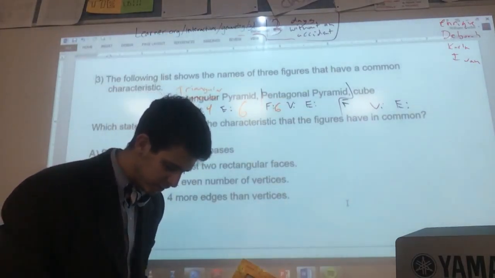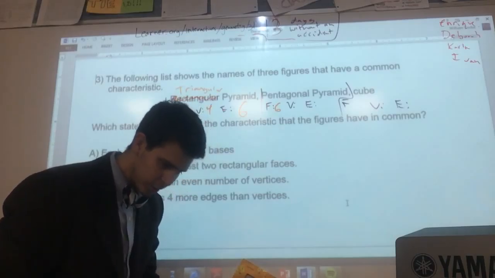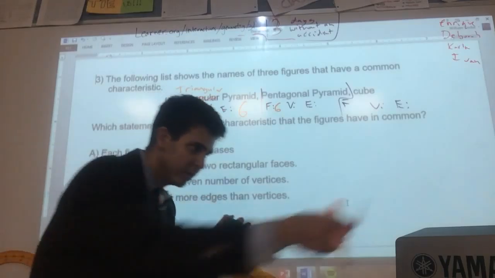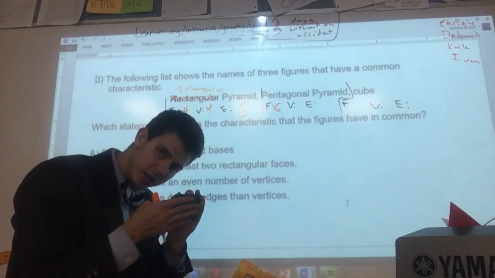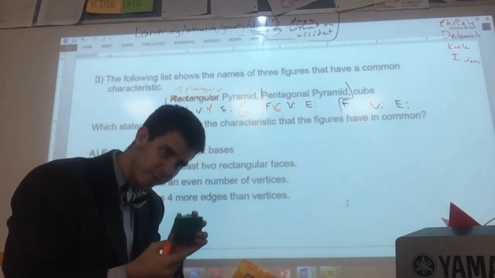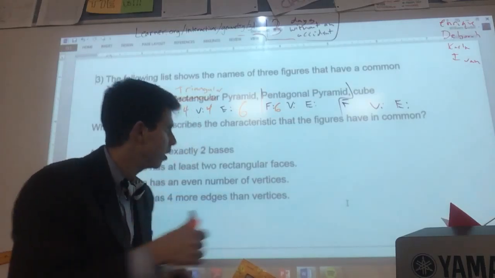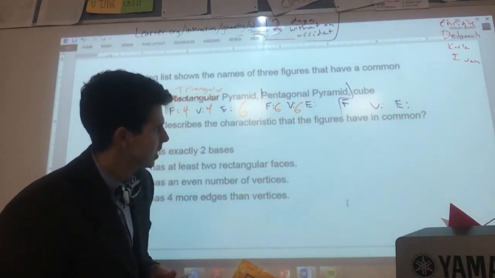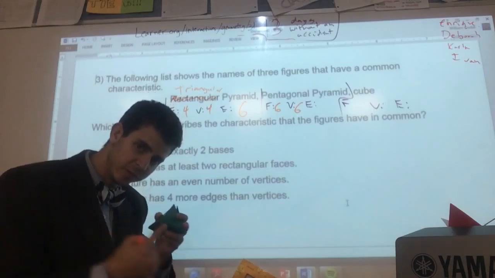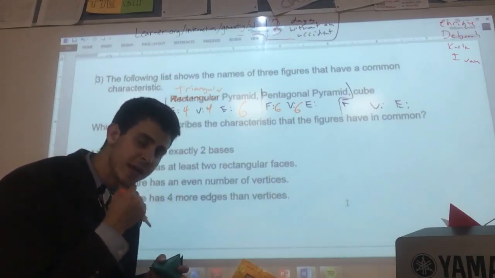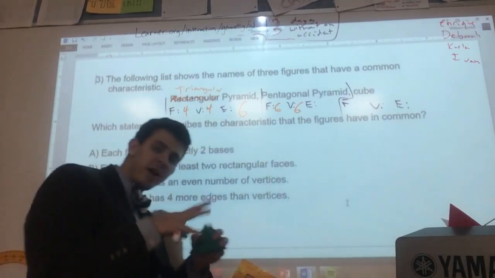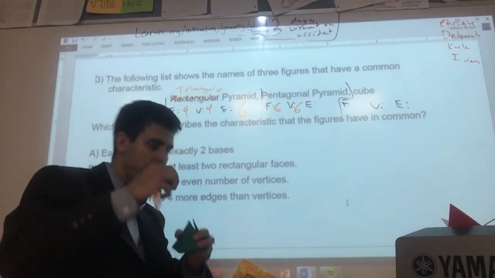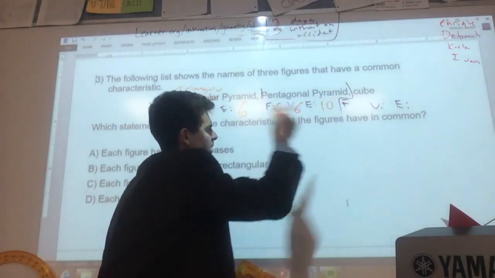The vertices, there's 5 vertices on the base, because a pentagon has 5 points, and 1 on the top, so 5 plus 1 is 6. And then the edges, there's 5 edges around the base of the shape. There's also going to be 5 edges that are going up, so it's going to be 10.